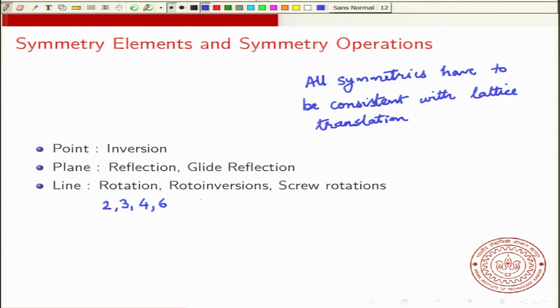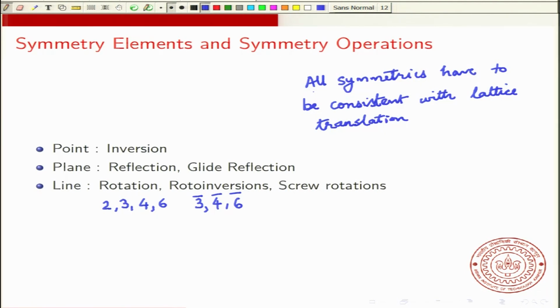Okay, and similarly, 2 bar is actually identical to inversion, to I. So you just have roto inversions of 3 bar, 4 bar, or 6 bar. Similarly, we saw that only certain allowed screw rotations were present.